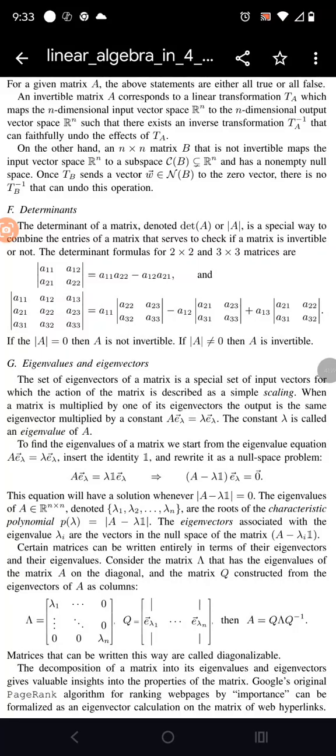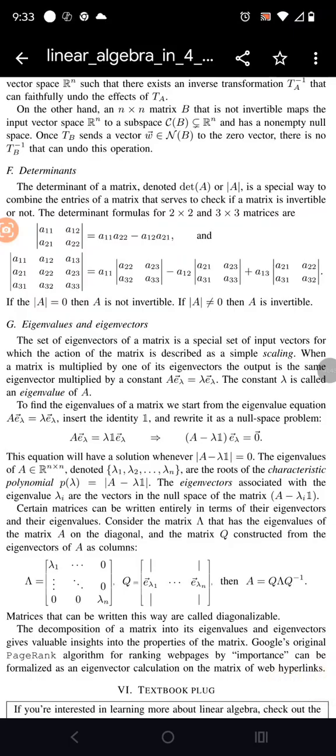Certain matrices can be written entirely in terms of their eigenvectors and their eigenvalues. Consider the matrix Lambda that has the eigenvalues of the matrix A on the diagonal, and the matrix Q constructed from the eigenvectors of A as columns. So we have a new matrix where only diagonal values are non-zero and they are lambda 1 up to lambda n, and Q equals the eigenvectors as its columns.